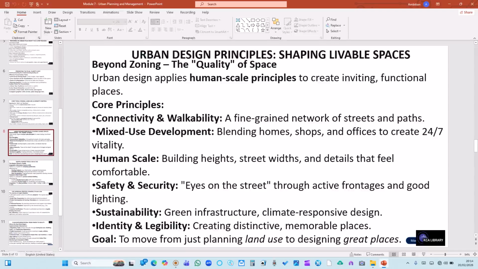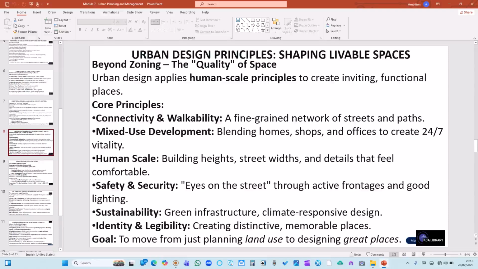Number three principle is human scale, which involves building height, street width, and details that feel comfortable. Number four, safety and security. The urban area should be secured for the people living in it, in the form of eyes on the street through effective frontage and good lighting. Then number five is sustainability.